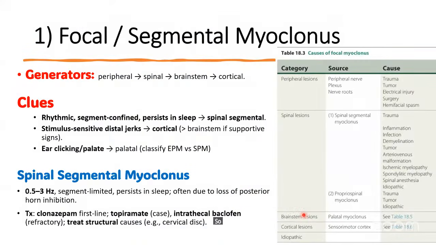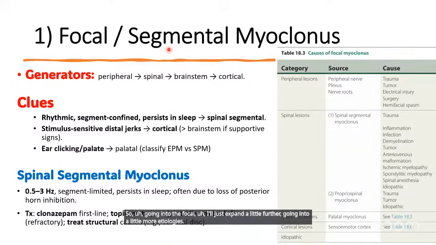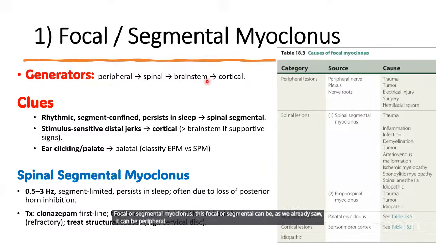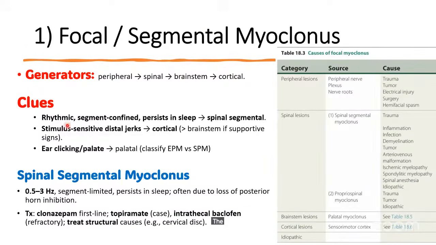So going into the focal, I'll expand a little further into more etiologies. Focal or segmental myoclonus can be, as we already saw, peripheral, spinal, brainstem, or cortical in generator. The clue is that it is usually rhythmic, segment confined, and persists even in sleep. Then it is spinal segmental.